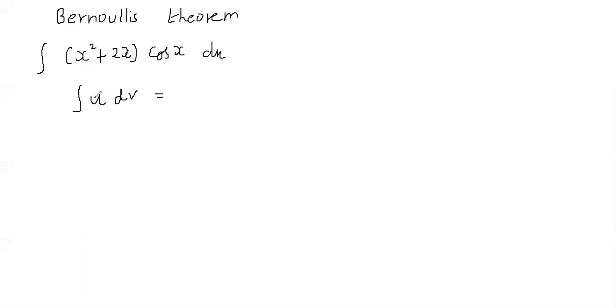If we have the integration of u dv, we can write it as uv minus u dash v1 plus u double dash v2 minus u triple dash v3 plus so on. Okay, so it will be a continuous equation.